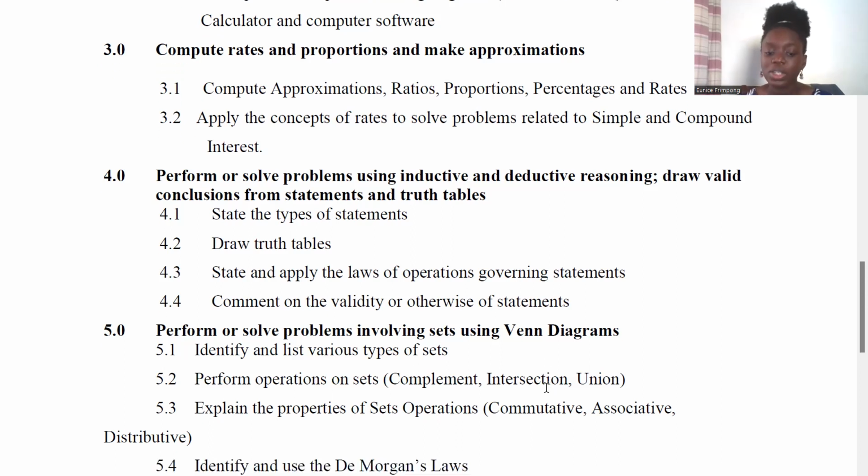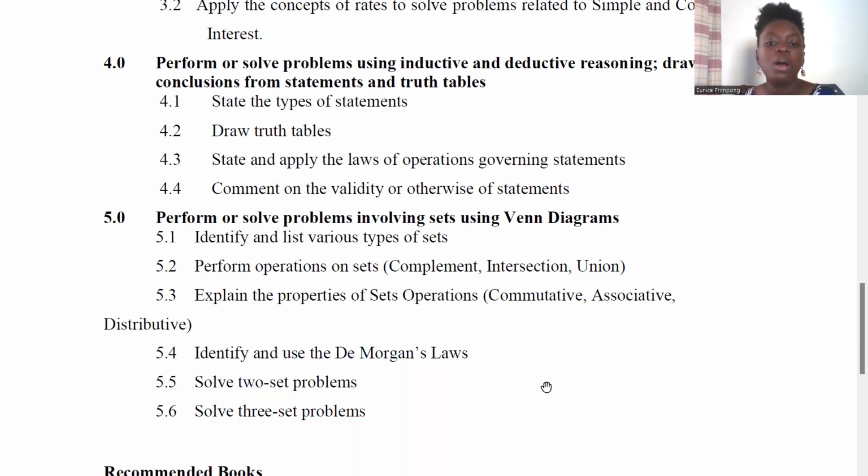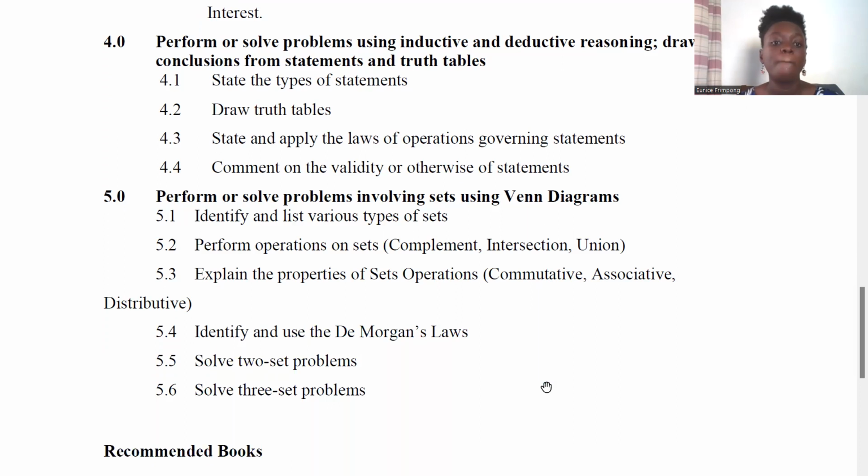Now, the fifth and final session leads us to learn the concept of Venn diagrams, or solving problems using sets and Venn diagrams. Okay, so we'll be solving problems that involve sets with the use of the mathematical tool called Venn diagrams.